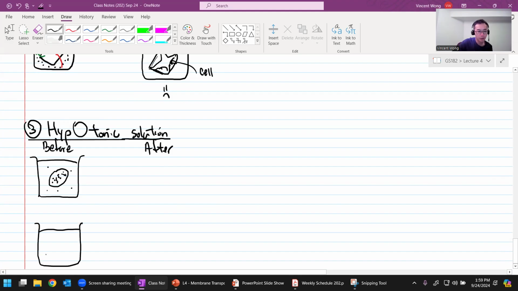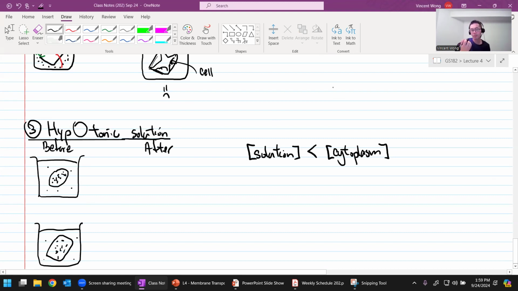Same thing for our plant cell. More solute on the inside than outside. The concentration of the solution is less than the concentration of the cytoplasm. Square bracket means concentration, in case you missed it earlier.